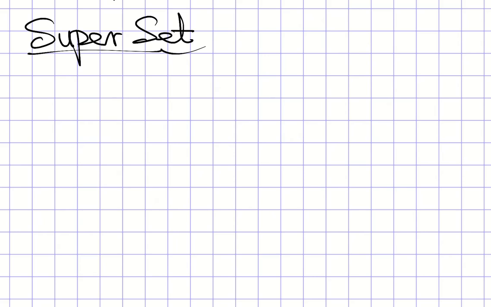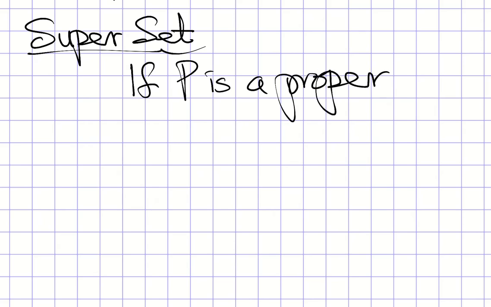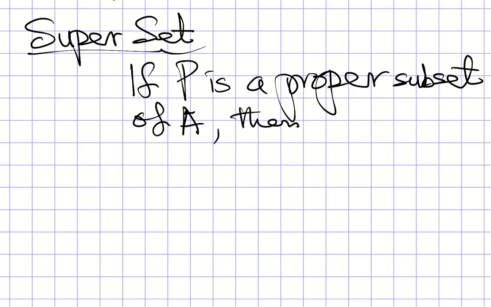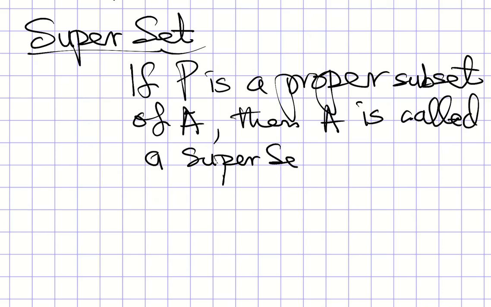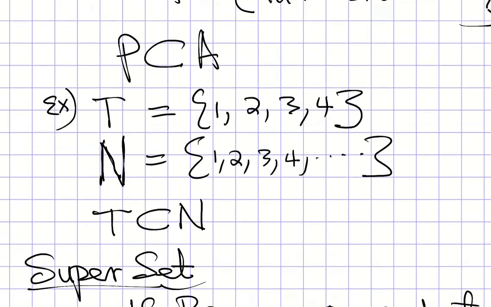This says that if P is a proper subset of A, then A is called a superset of P. So basically those two go together.